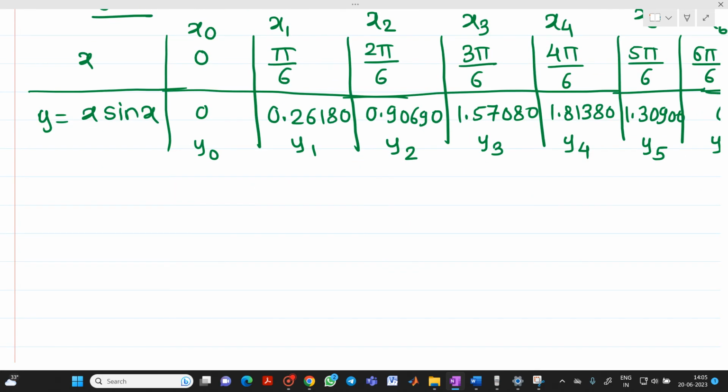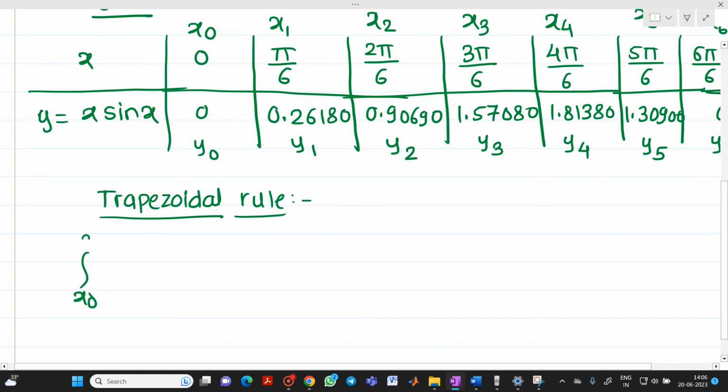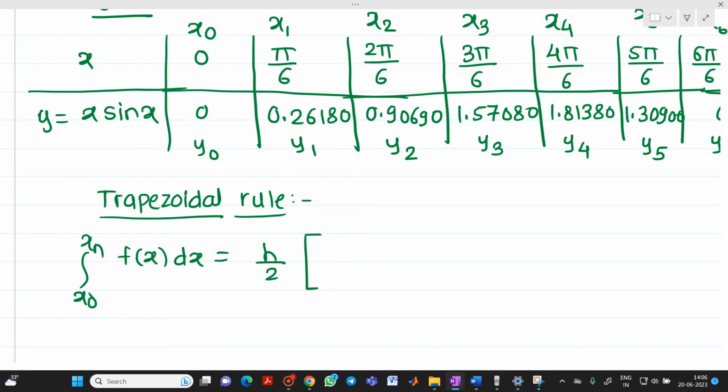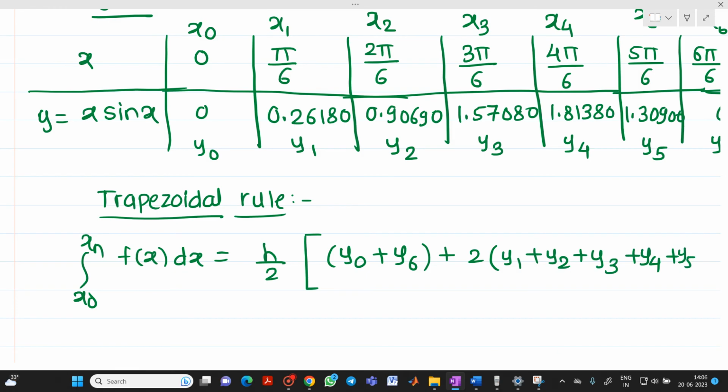So what we have to do is just write the formula for the trapezoidal rule. So what is the formula of the trapezoidal rule? Integration x0 to xn of f of x dx will be equal to h by 2 into bracket, sum of the first and last ordinates, that is y0 plus y6, plus 2 into y1 plus y2 plus y3 plus y4 plus y5.